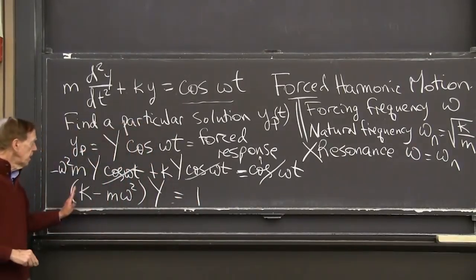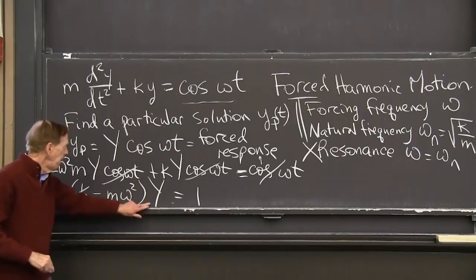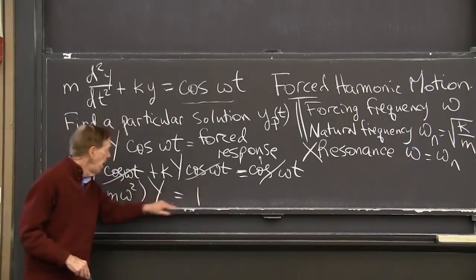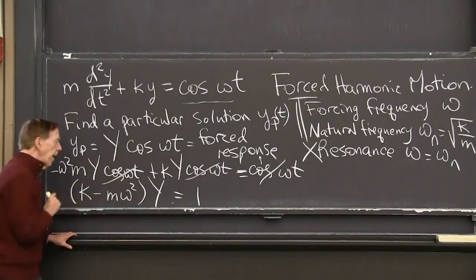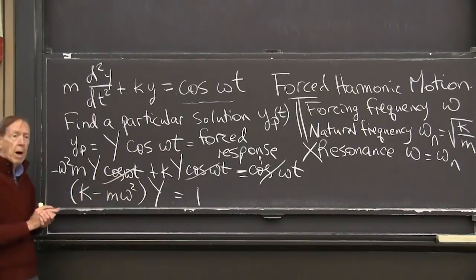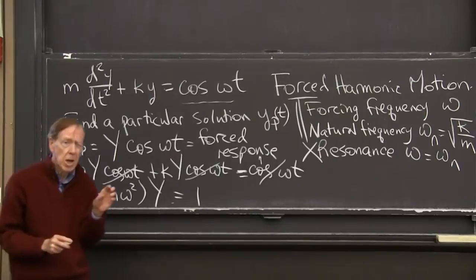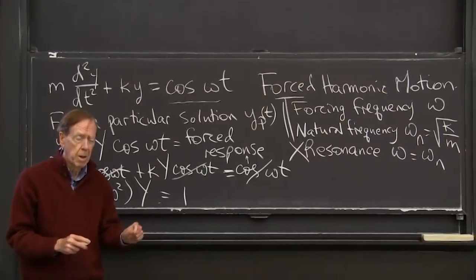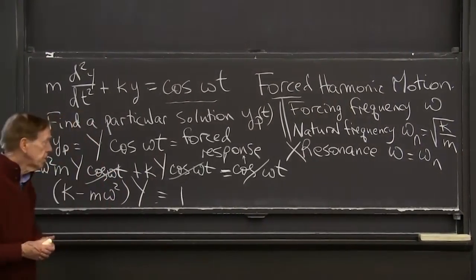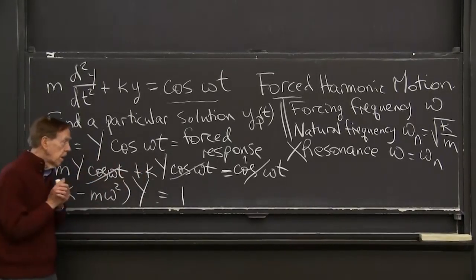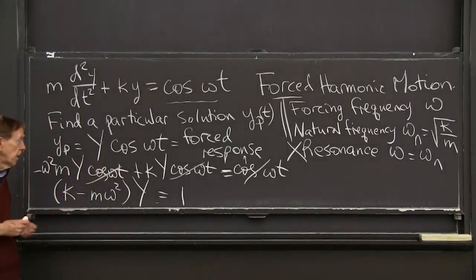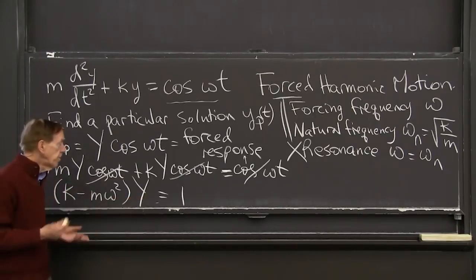I've canceled the cosine, so I've kept kY, I've kept the 1, and I've kept the minus omega squared mY. So that tells me Y right away. It's just like plugging in an exponential and canceling exponentials all the way along. Here I'm canceling cosines all the way because every term was a cosine. So I know Y. So I know the answer.